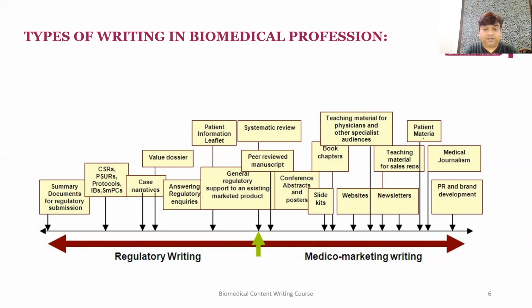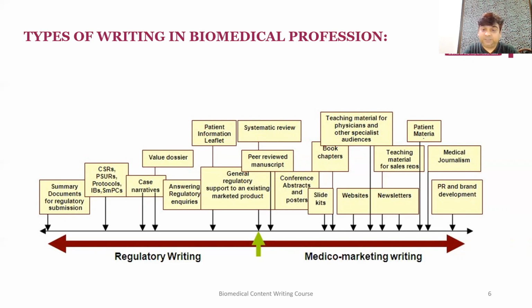Then comes the systematic review and the peer-reviewed manuscript, if you see in the center. Then the conference abstracts and posters. Then slide kits, and of course we will be dealing with that part, how to develop slides and what the characteristics of good slides are, and the book chapter.